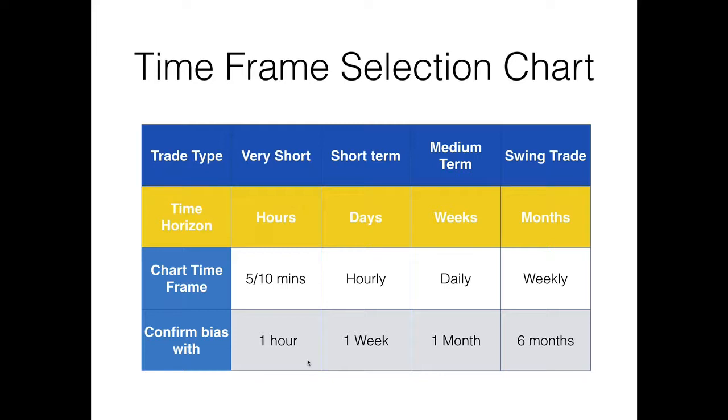If you're into it for a medium-term position, for example, a few weeks, you confirm your bias in the weekly chart with the monthly chart, and you enter and exit using the daily chart. If you're a swing trader and you want to go longer term, your time horizon is a few months, you confirm your bias with a 6-month chart, but you enter and exit using the weekly chart.